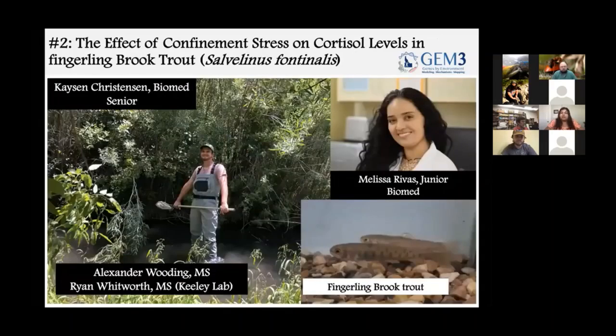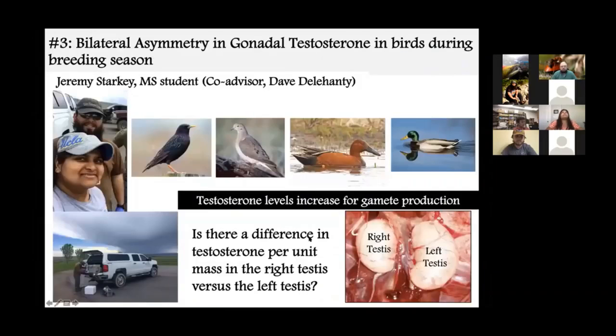And then one of his field assistants is Kaysen, and he has also been helping with this project in the lab situation as well as in the field situation. Both Kaysen and Melissa Rivas have been working on the stress physiology of brook trout. Another project here is Jeremy Starkey.